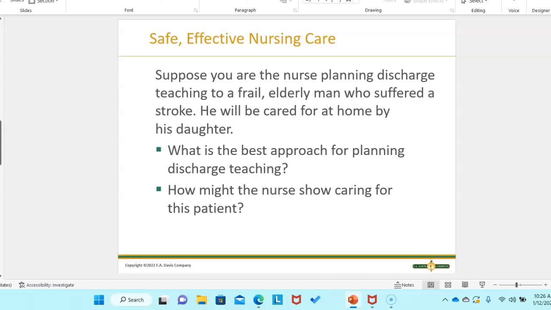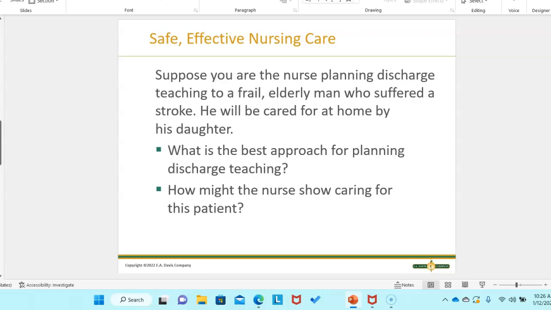Speak slowly using normal voice volume, not loudly unless hard of hearing. Cover need-to-know information only. That is, in this situation, the skills that are needed to support the patient's activities of daily living, safety. Be sure you provide teaching when he is rested and can pay attention to what you're saying.